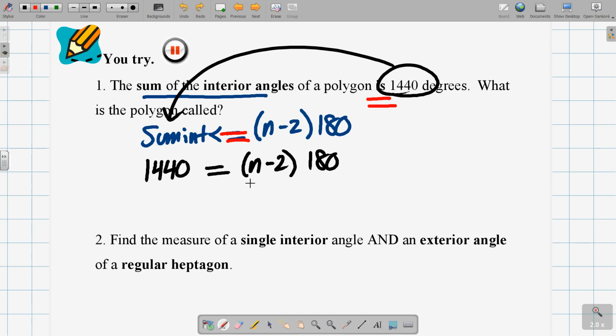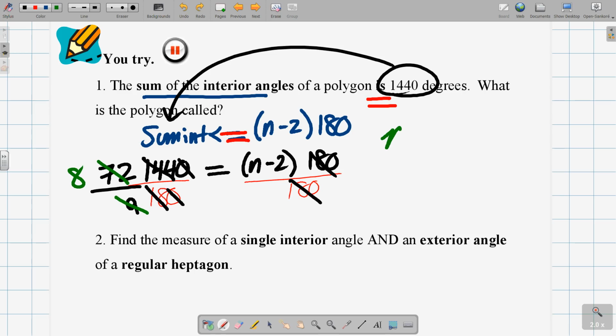I'm going to take a shortcut here and divide both sides by 180 rather than distribute, which is perfectly fine. I'm going to go ahead and divide by 2. I know 2 goes in there 9 times, and 2 goes in there 72 times. Now I know both is divisible by 9. 9 goes in there 8 times, so n equals 8, and it is an octagon.